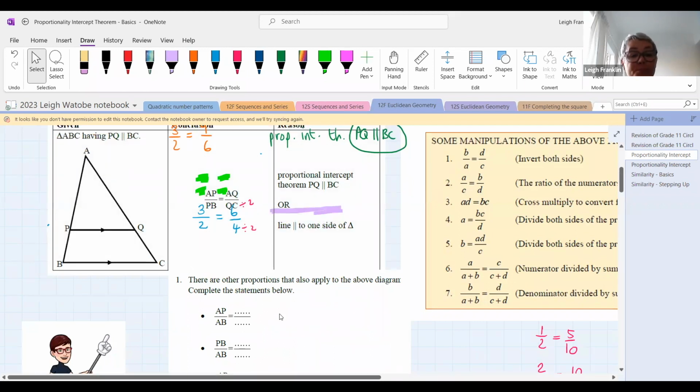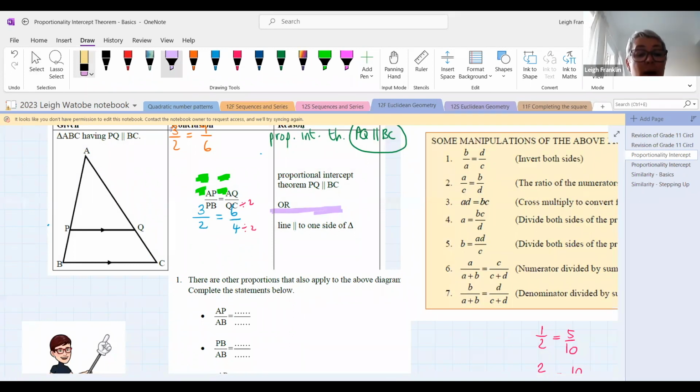So the first one that we've got here, where I'm highlighting this in purple, is AP over AB. Can you see what they've done here? AP is this side over here. Okay, AB is the whole side.